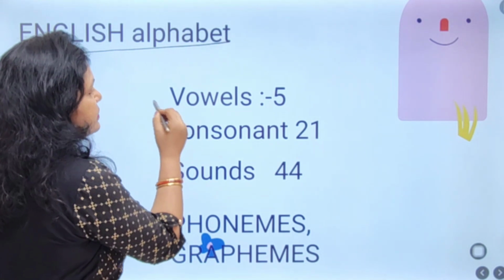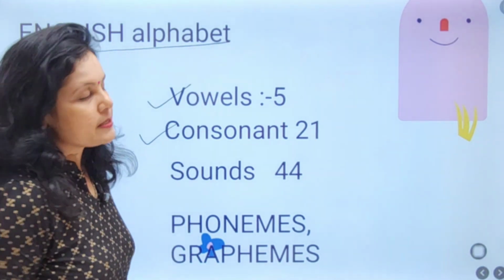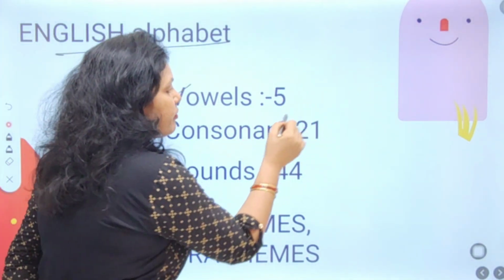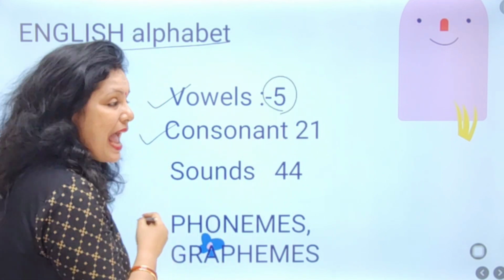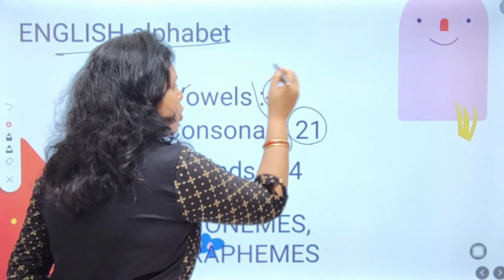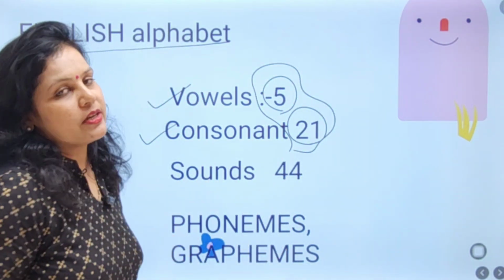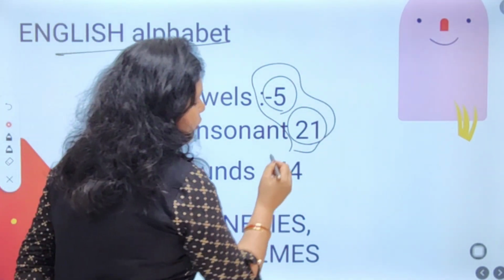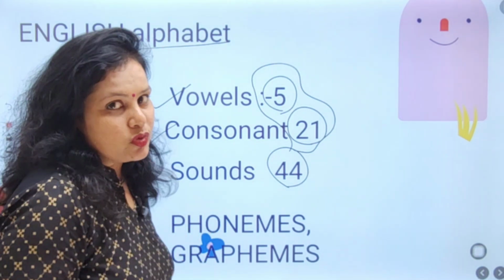Now see what my English alphabet has for you. The English alphabet has vowels and consonants. How many vowels are there? 5 vowels and 21 consonants, and in total all these vowels and consonants give you 44 sounds, right?